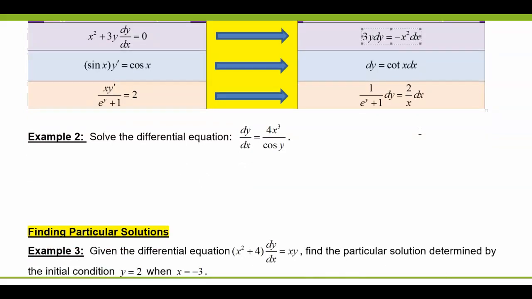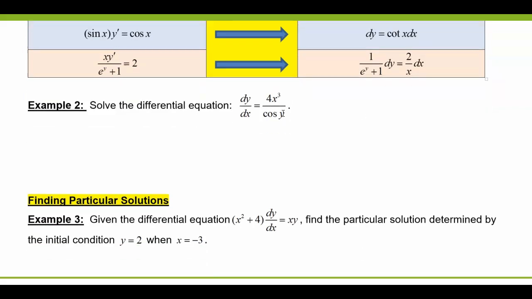So let's look at one more example, this time with a cosine. So cross multiply. Take your antiderivative.